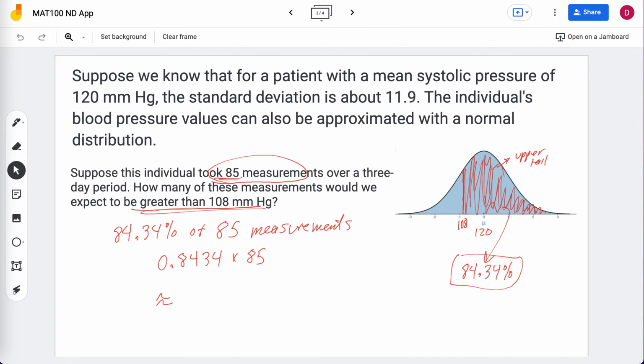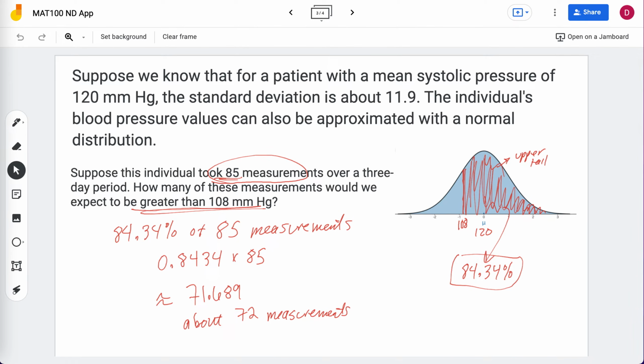So in my calculator, 0.8434 times 85, you get approximately 71.689. And if we round to the nearest whole number, because we're talking about individual measurements, we get about 72. So we would expect out of those 85, about 72 of them to be above 108.